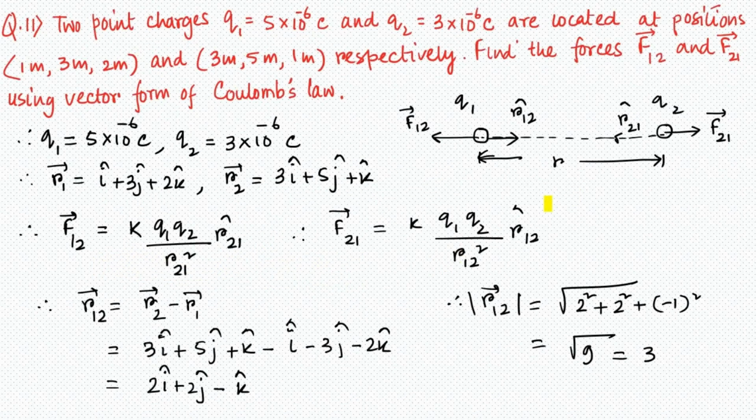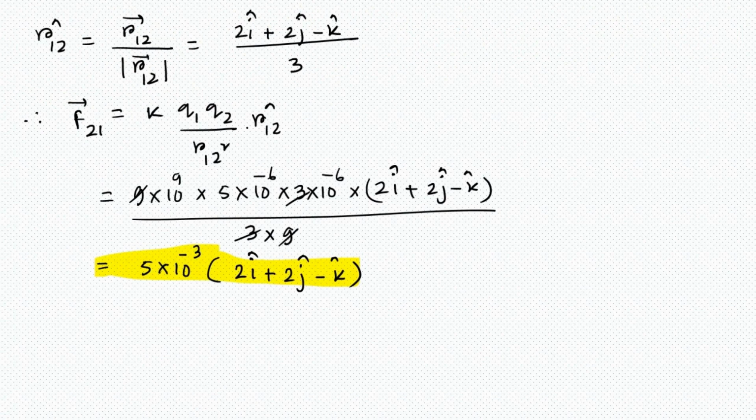Now from the theory, and from the diagram, it's very clear that the directions of F12 and F21 are opposite to each other, right? So from here we can write that F12 is minus of F21.